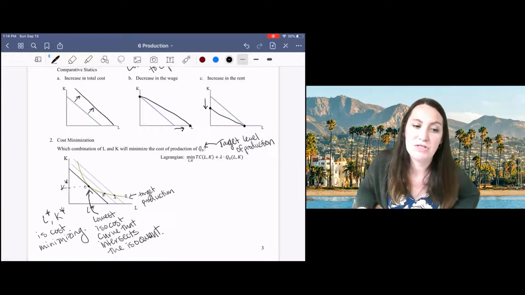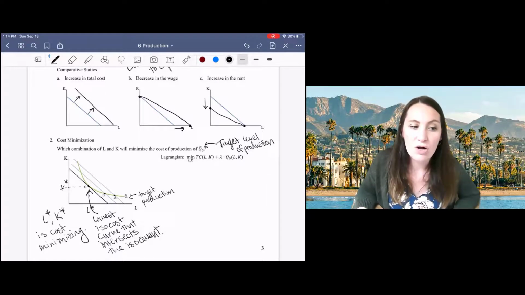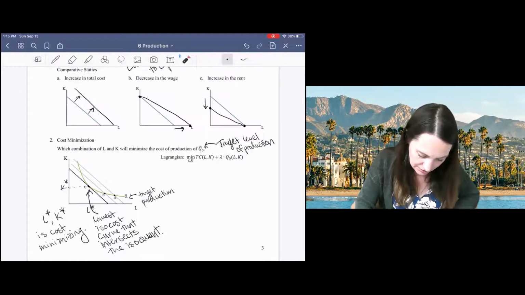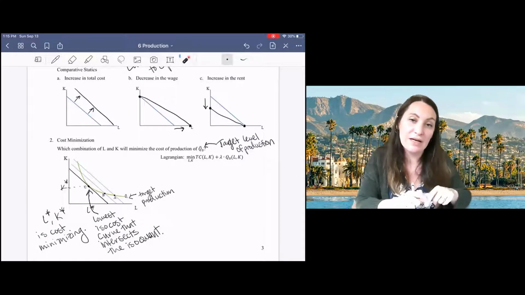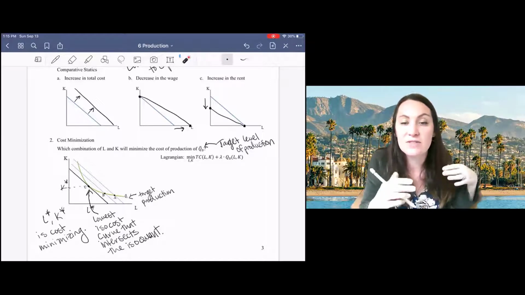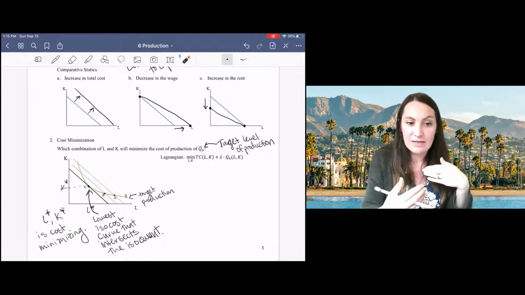So here, notice though, that what we're trying to minimize is our total cost. So we are shifting the total cost curve in until we reach the tangency. And this is unlike before, where we sort of held constant our budget constraint and then shifted the indifference curves out until the tangency was obtained.